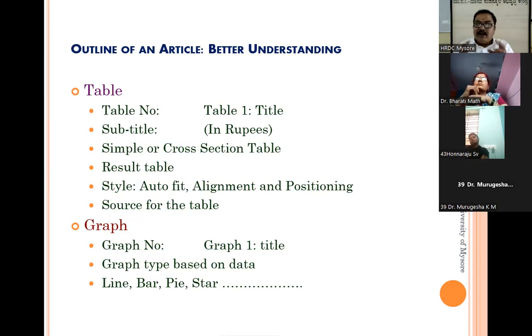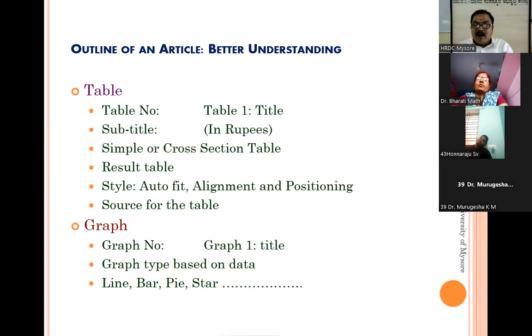For example, if I get the result from a regression analysis, multiple regression analysis, then how to present those results in a journal article? Just go to the previous research articles in the same journal, see the other articles, and you will understand how they have presented their regression results. You follow the same.